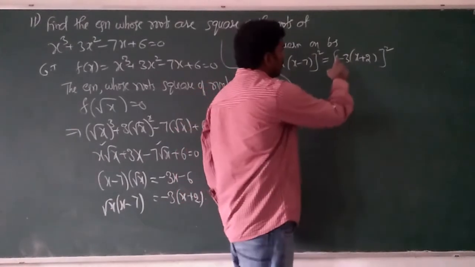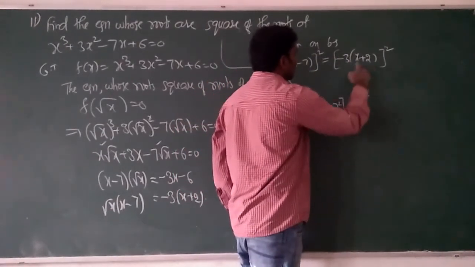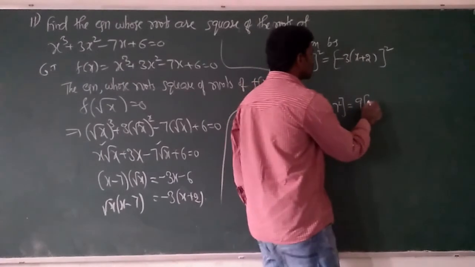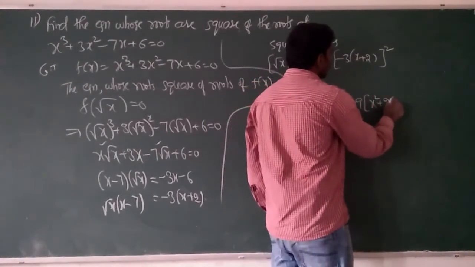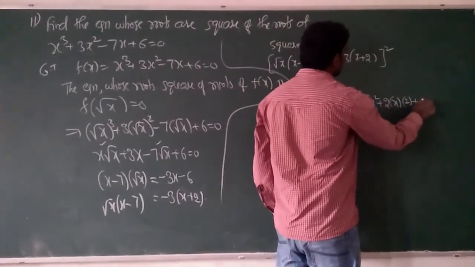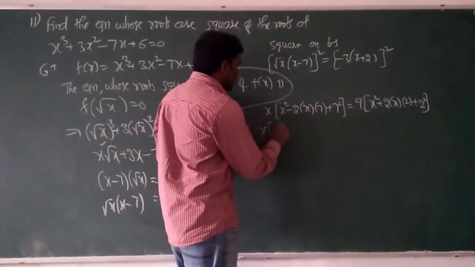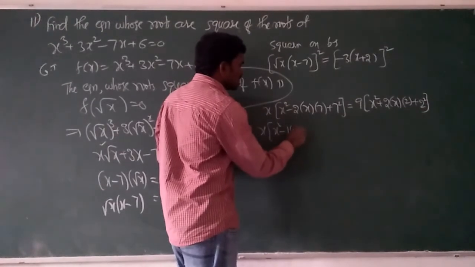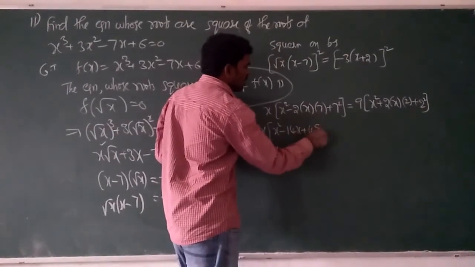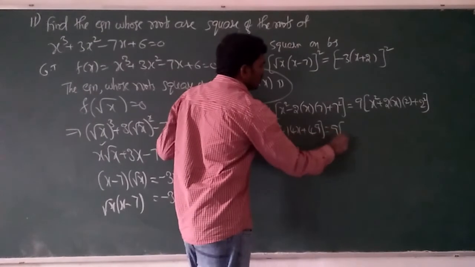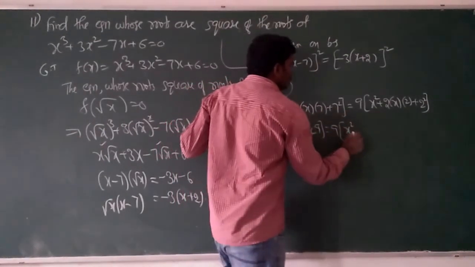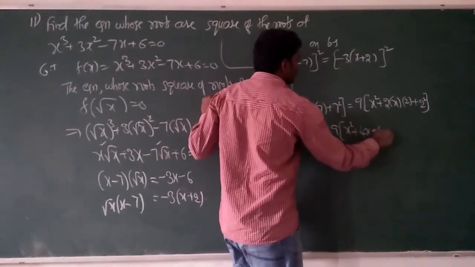Minus 3 whole square means 9, and x plus 2 whole square uses the a plus b whole square formula: a square plus 2ab plus b square. So then x into x square minus 2 times 7 is 14x plus 7 square is 49, is equal to 9 into x square plus 2 into 2 is 4x plus 2 square means 4.